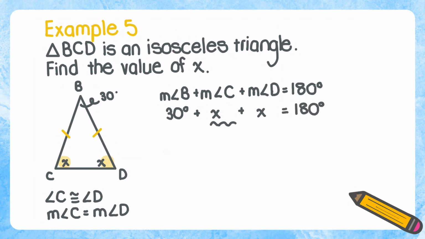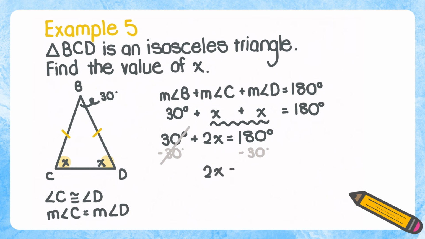Let's simplify this by combining like terms. x plus x is 2x. And then next, we want to isolate x step by step. We subtract by 30 degrees on both sides, and we have 2x equals 150 degrees.